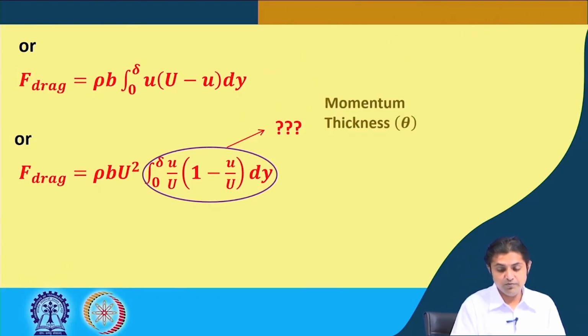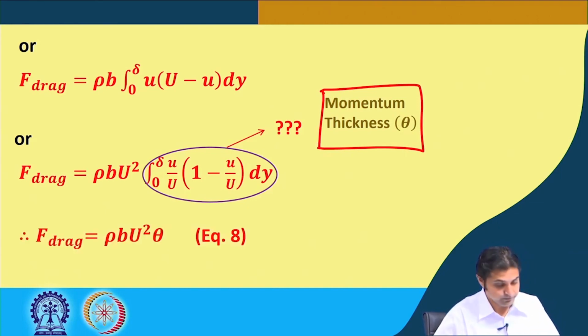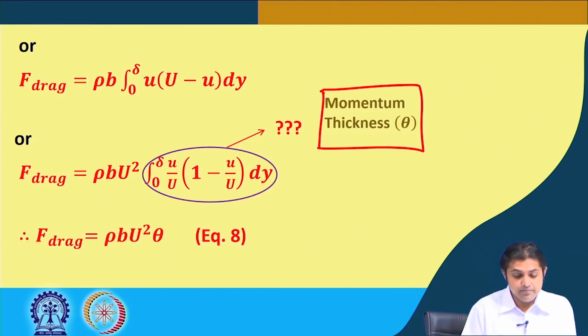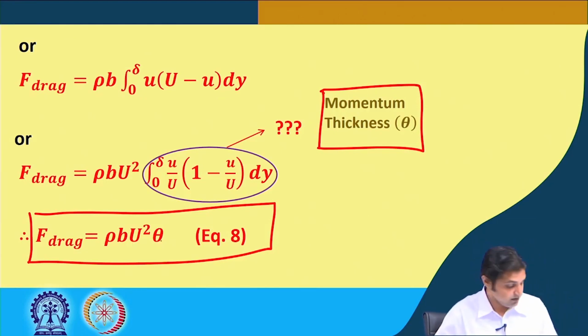This is the momentum thickness theta. Remember from our last lecture? So, F drag can simply be written as rho b capital U square theta, where rho is the density, b is the width of the plate, capital U is the free stream velocity, and theta is the momentum thickness.